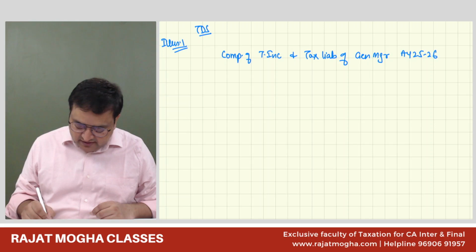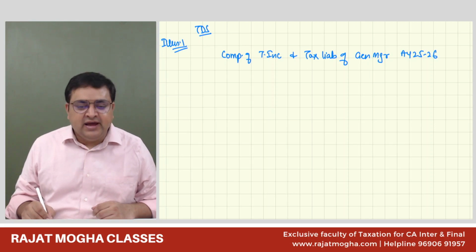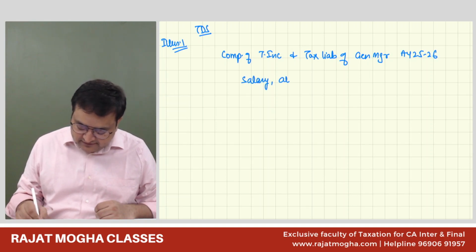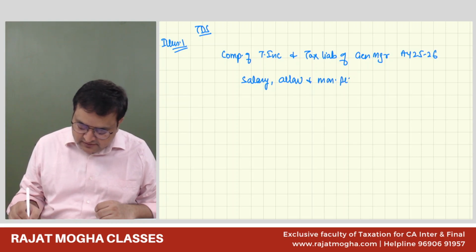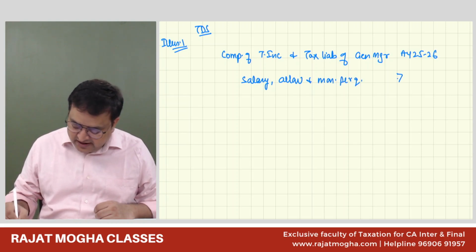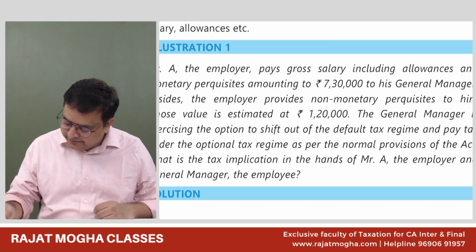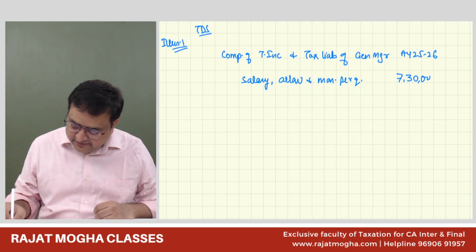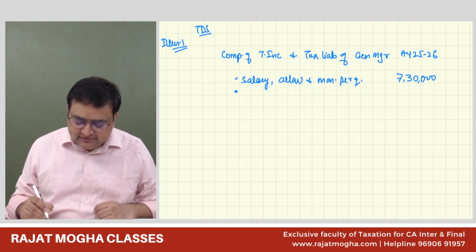So he's receiving basic salary, allowances, and perquisites. Salary, allowances, and monetary perquisites it was given to us 7,30,000, no? 730. 7,30,000 he is receiving. He is also receiving non-monetary perquisites.